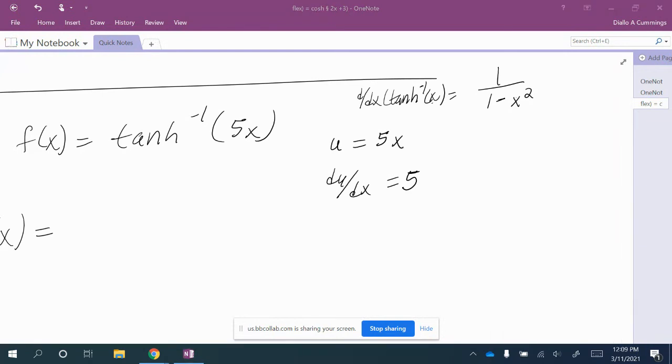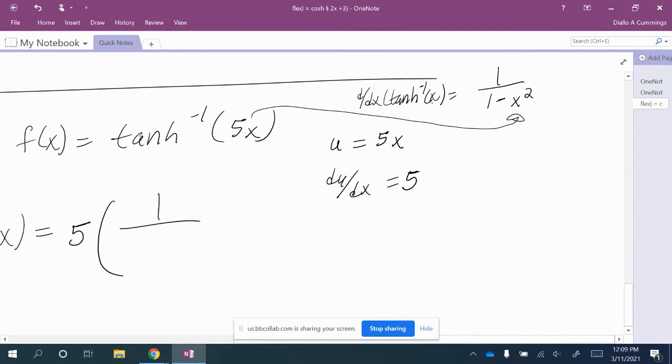So I have 5. And in my formula, I'm going to substitute x for 5x. So I have 1 divided by 1 minus x squared, but I'm going to substitute x for 5x.